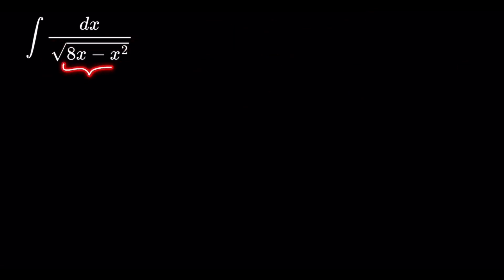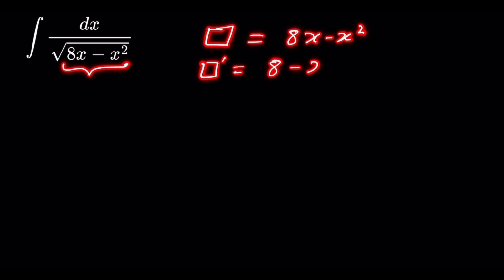So just like the previous example, we try checking if the differentiation of what's under the square root matches the numerator. So let's do that. As you can see, it doesn't work again. So we'll have to give it a different approach. We can simplify the expression under the square root using the completing the square method. Let's call this part working 1 or W1, and focus on this expression.